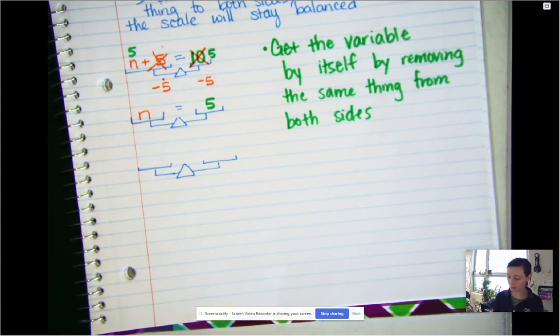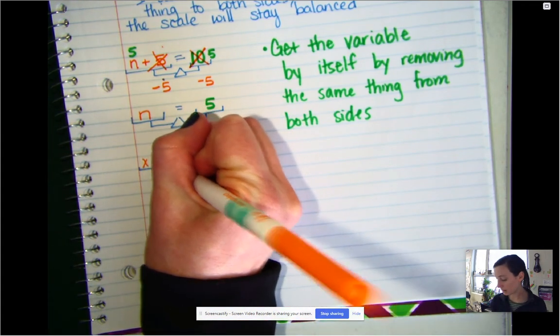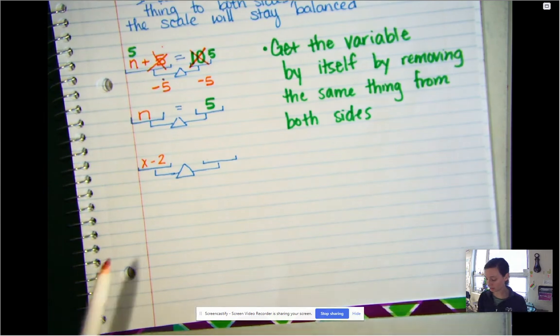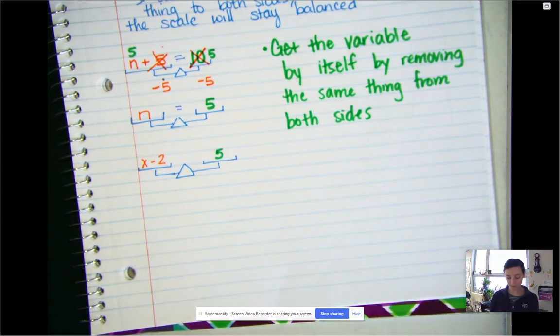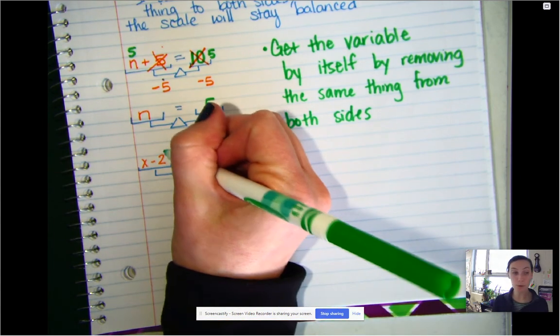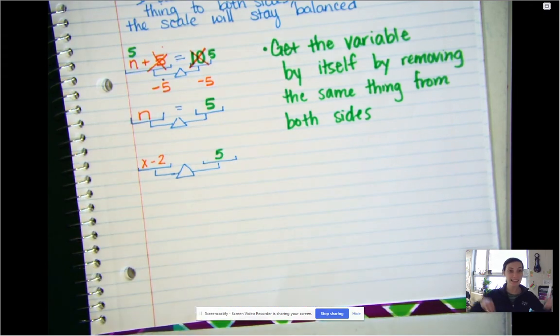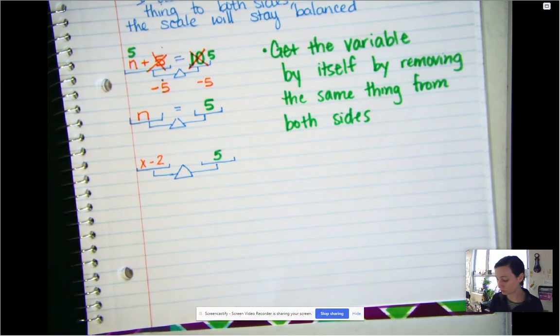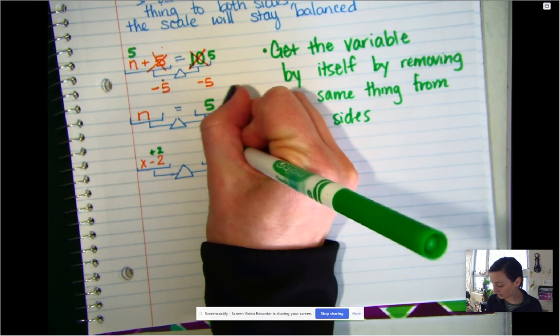Sometimes we have something on the scale that looks like x minus 2 is 5. Let's just say. Now, when I want to remove a negative number, in this case, instead of taking stuff off, I can add a weight of 2 to each side. So if this is x minus 2, I can add 2 more to this side and add 2 more to this side.